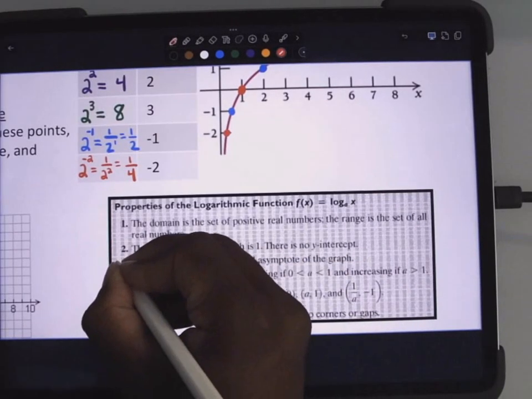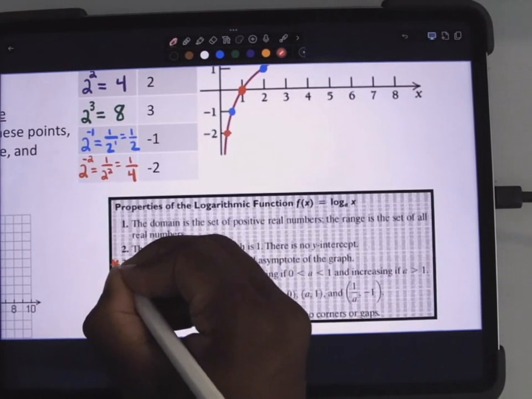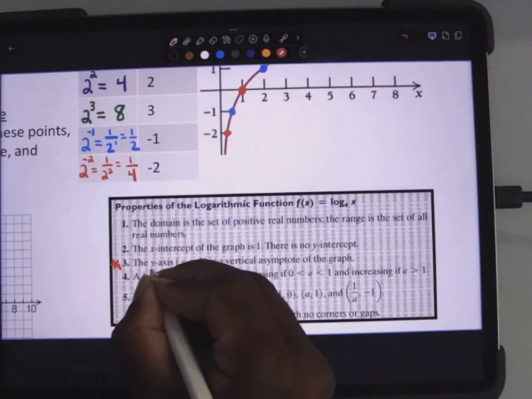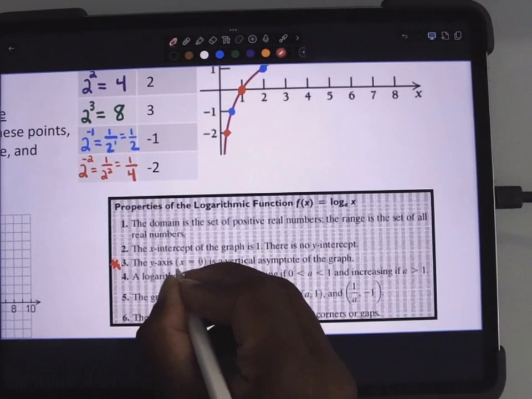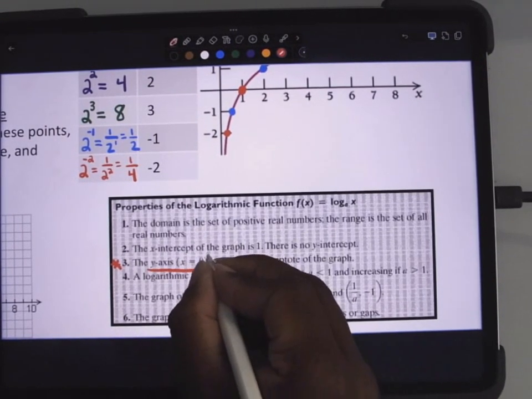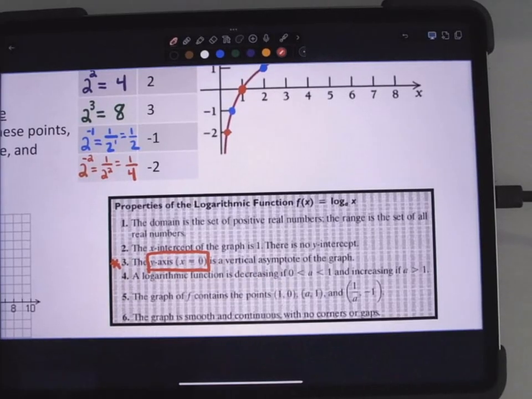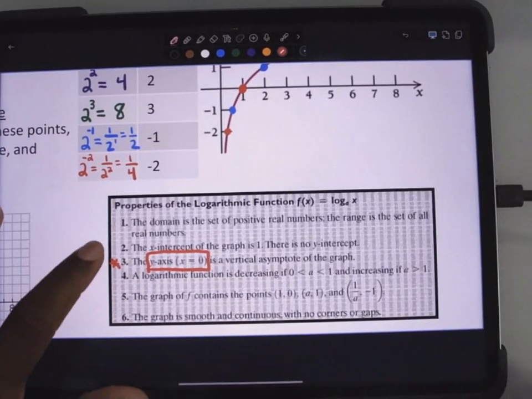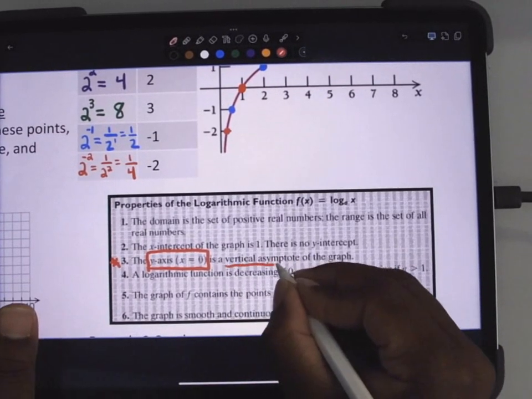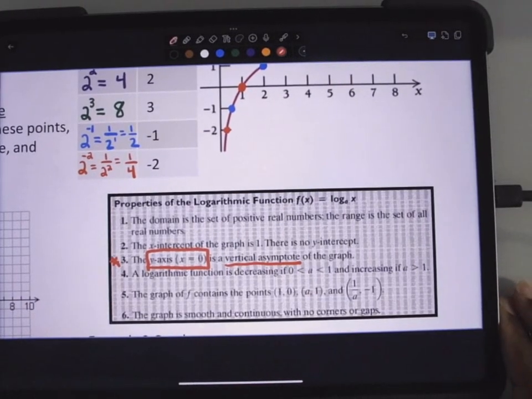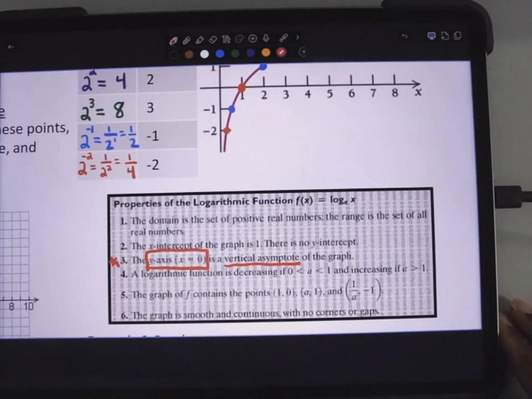That's one of the main differences with these logarithmic functions. And we got some little keys, just some information about logs. The important one to note is, in standard position, the y-axis, where x equals 0, is a vertical asymptote of the graph, meaning the graph won't cross that line.